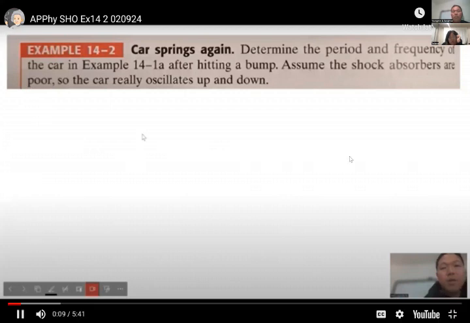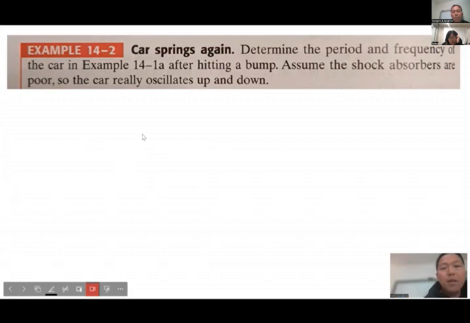Determine the period and frequency of the car in example 14-1A after hitting the bump. Assume the shock absorbers are poor, so the car really oscillates up and down. In order to solve this problem, we have to look back at example 14-1. Let me just read that problem for you.